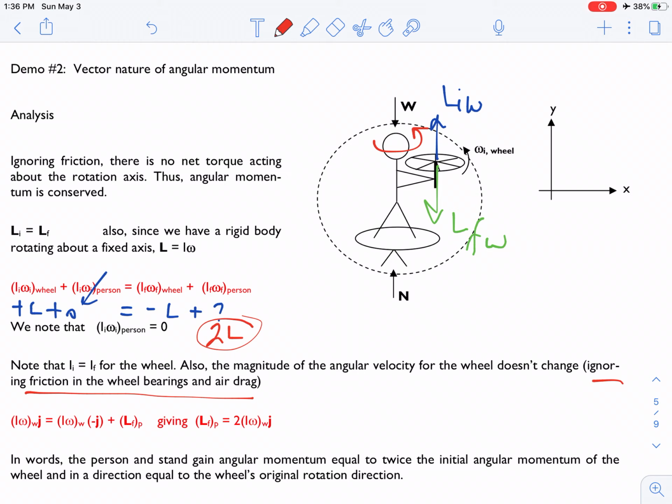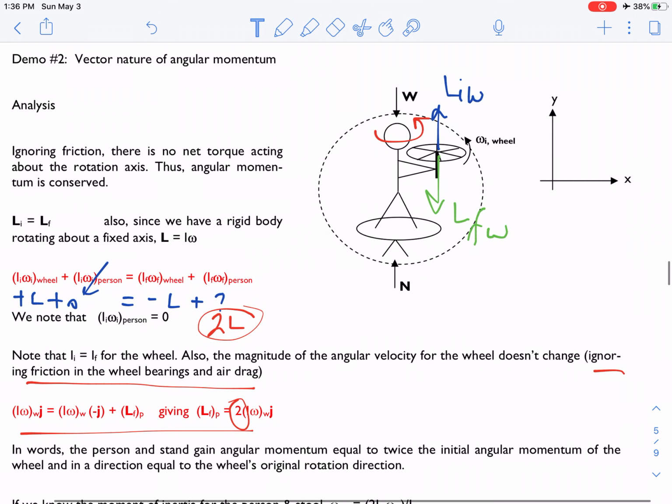So that's why this should be the case. And again, there's some math here, as I explained. It's going to be twice as much as the original one of the wheel. The person and stool gain angular momentum equal to twice the initial angular momentum of the wheel, in a direction equal to the wheel's original rotation direction.